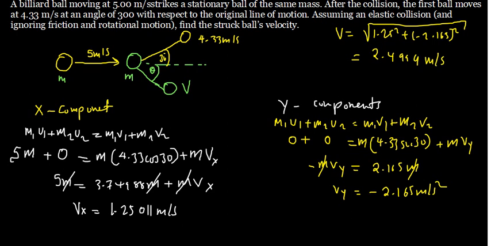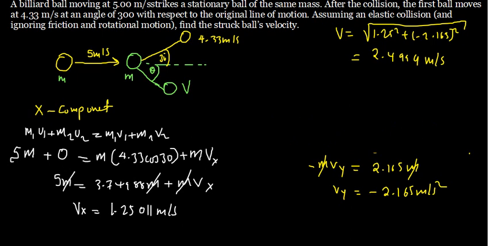Also need to find the direction. Theta is given as tan inverse of y component over x component. So tan inverse, y component is negative 2.165, x component is 1.25.